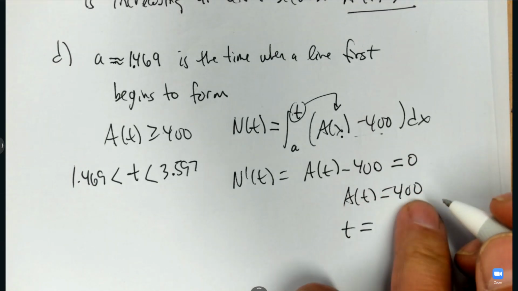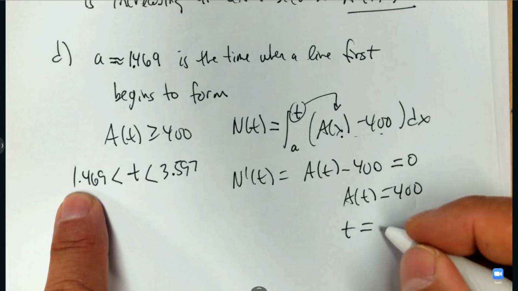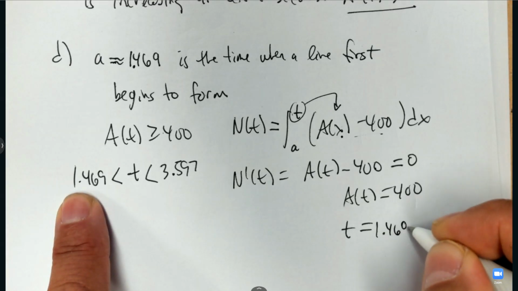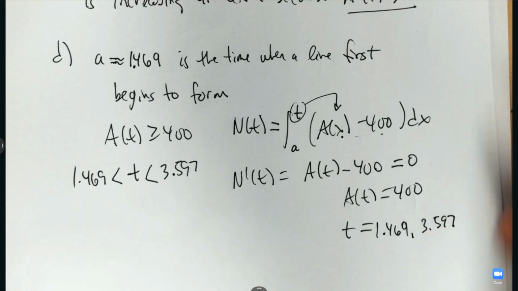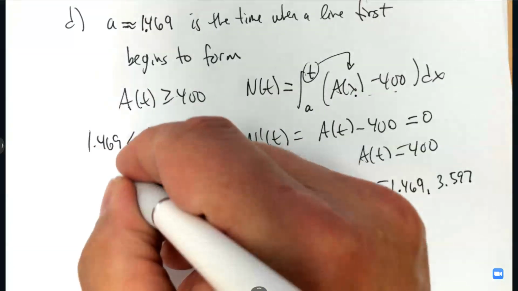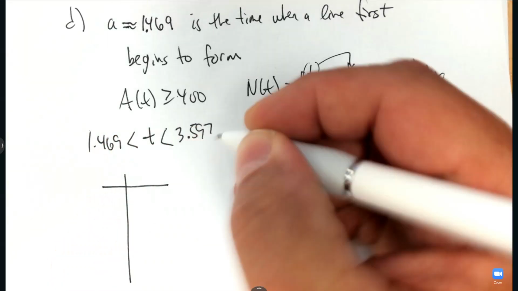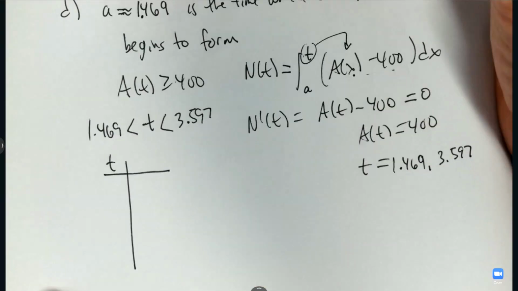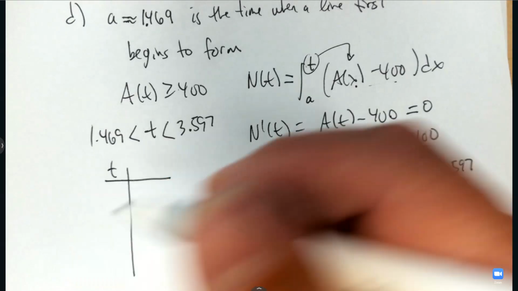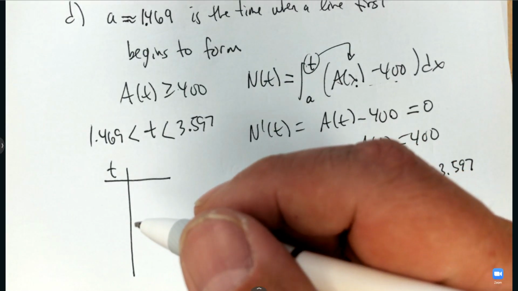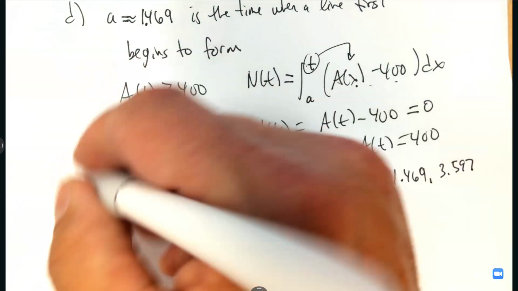Can you tell me when this is true? Those numbers are 1.469 and 3.597. So we're going to do a table of values. And it says from A to 4. From A is 1.469.